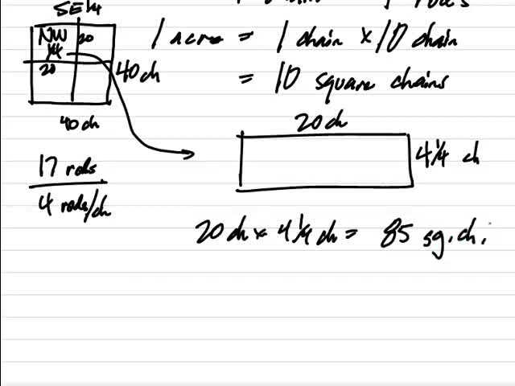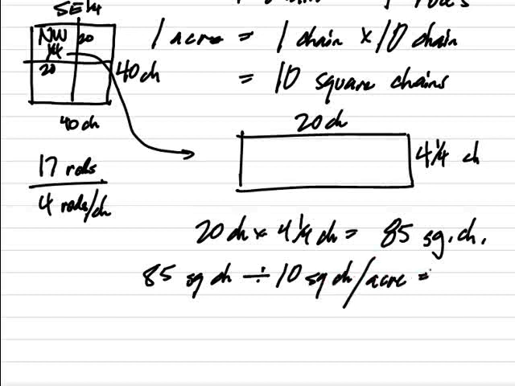Thus, 85 square chains divided by 10 square chains per acre is going to give me 8.5 acres, isn't it? Well, that was pretty straightforward, and I didn't even use feet.